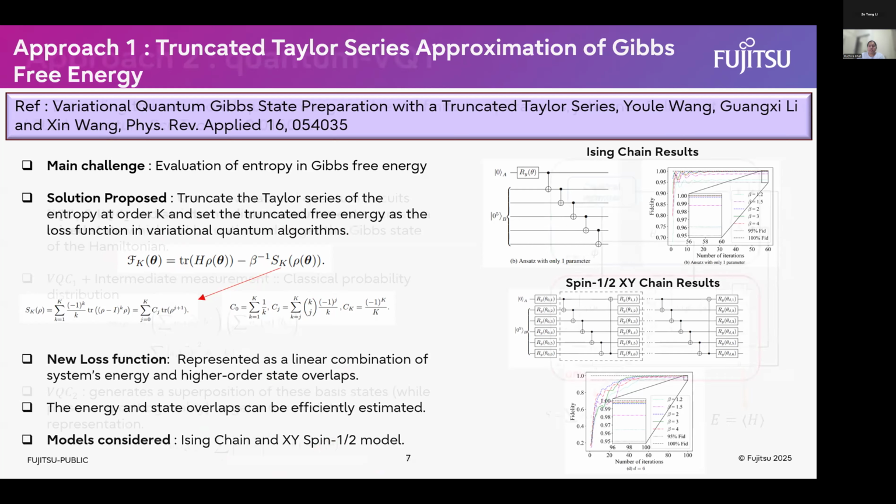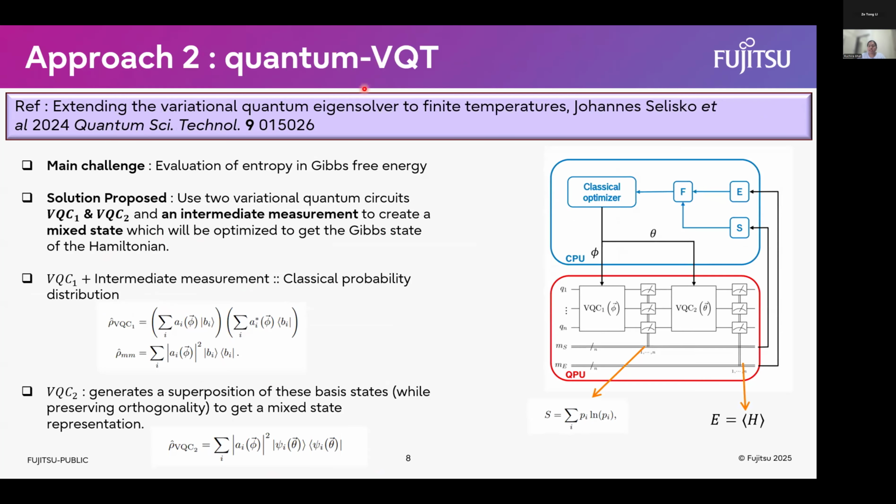Another approach which is generally used to evaluate the Gibbs free energy is known as the variational quantum thermalizer. This is a term I coined, which is in the paper. There are different variants of this technique existing in the literature. Generally, the idea is that we want to evaluate the Gibbs state, which is a mixed state.